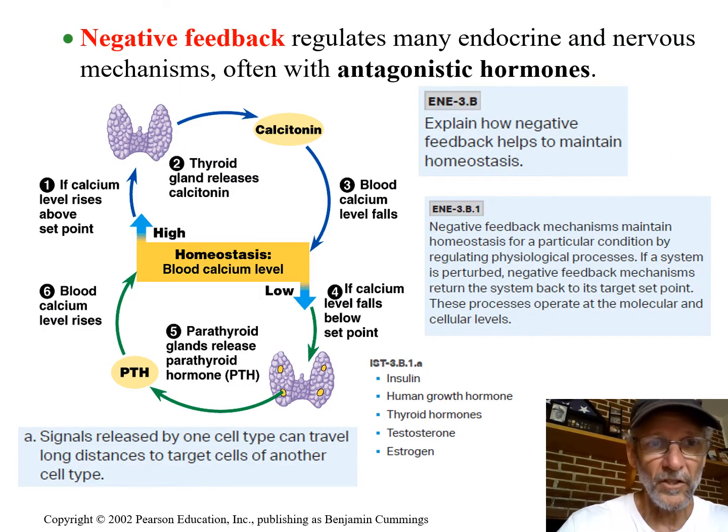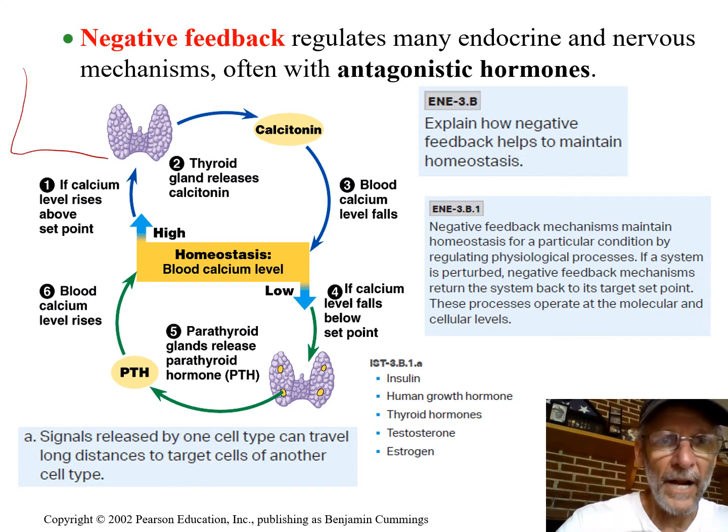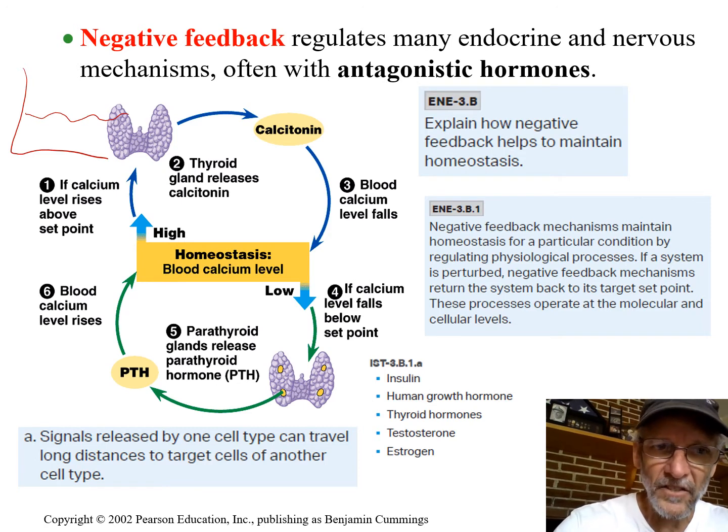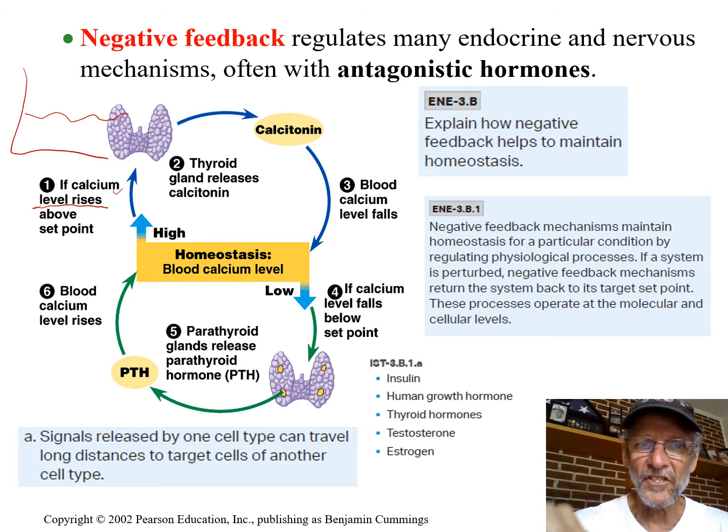There's not much space on this page, but for the negative feedback graph, like we said, whatever you're monitoring is going to stay roughly the same, because when it goes up a little bit, the feedback of that going up, in this case calcium levels, is going to be sensed by some kind of cells that are going to set into motion something that will cause it to go down.